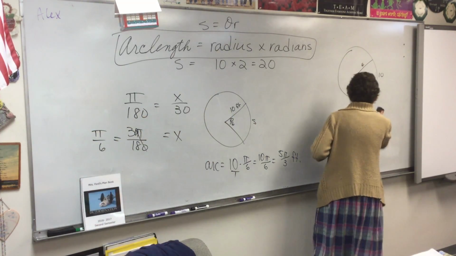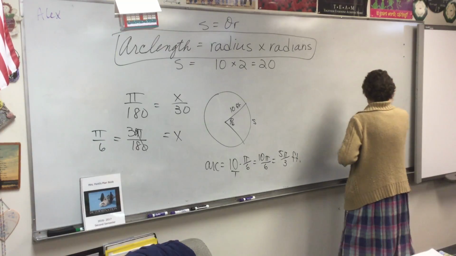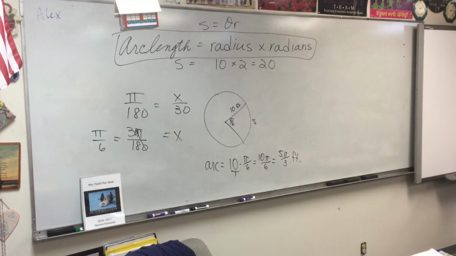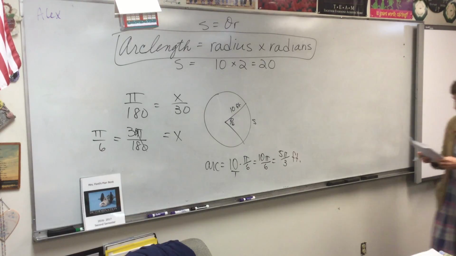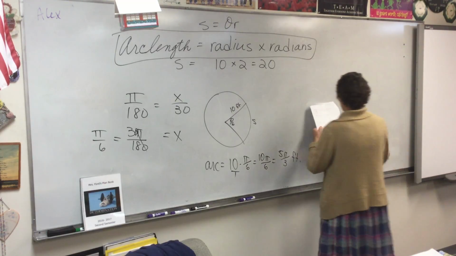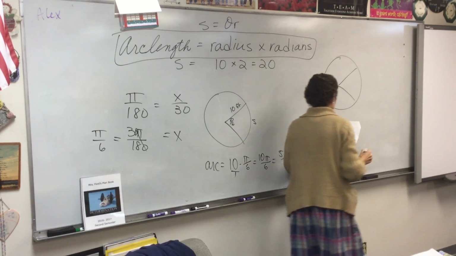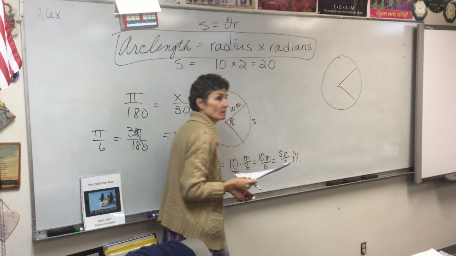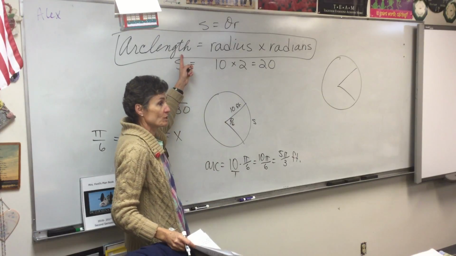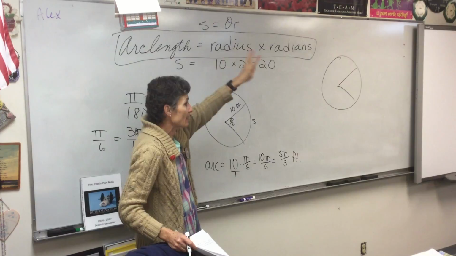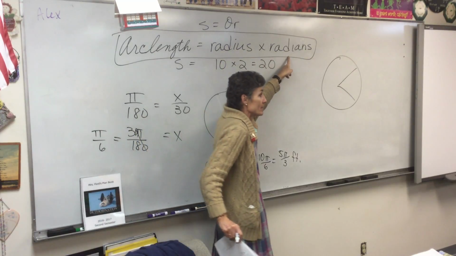All right, one more. All right, here we go. Oh shoot, look, we have the same problem, don't we? In problem E, what's wrong with it? Here's your formula. What's wrong with it? It's in degrees. Can't be in degrees. Gotta be in radians.